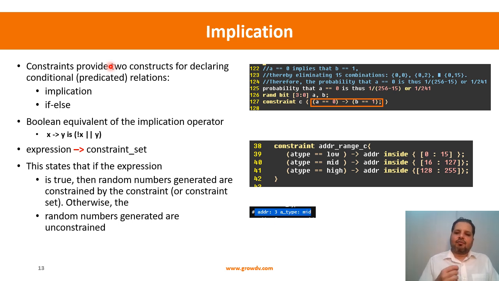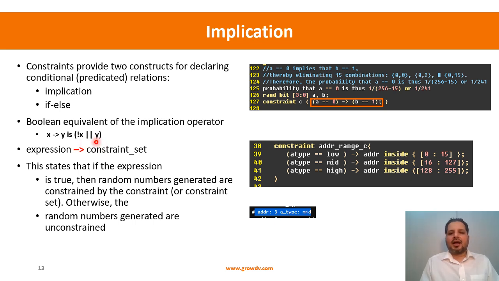When I say how it works in the implication expression, what I mean is that, if you remember, in case of operators we had studied this implication operator. The Boolean equivalent of the implication operator is: if I have x implication y, it means the overall expression must be true. That is, not of x, the negation of x, then the logical operator or, and then y.